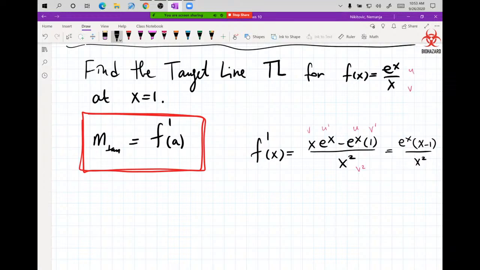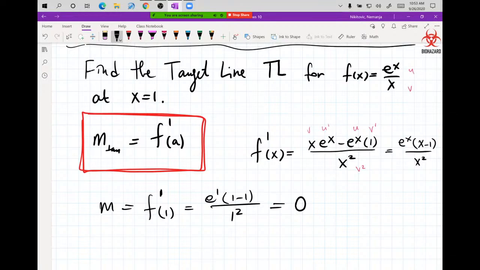So it doesn't take too much work to see that the slope is 0, right? Because you are supposed to compute the derivative at 1, and that's going to give you e to the 1 times 1 minus 1 over 1 squared. Well, that's a 0. e to the 1 is e, and then e times 0 is 0, and then 0 divided by 1 is 0.